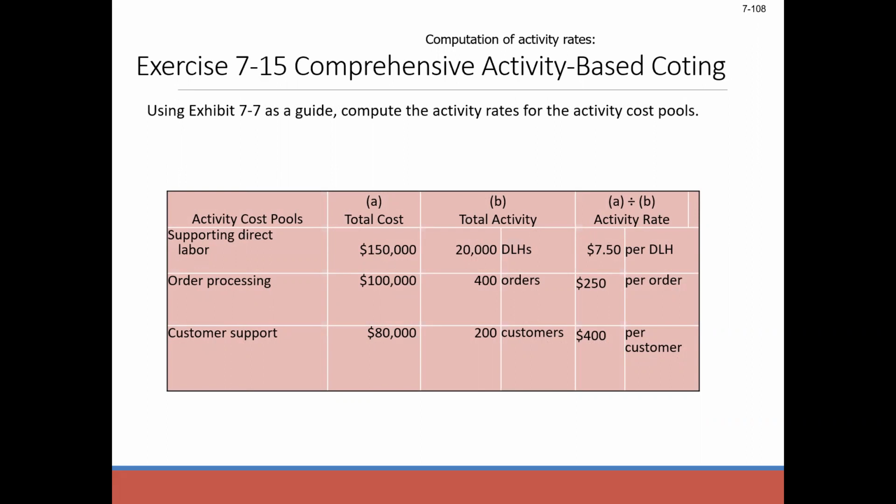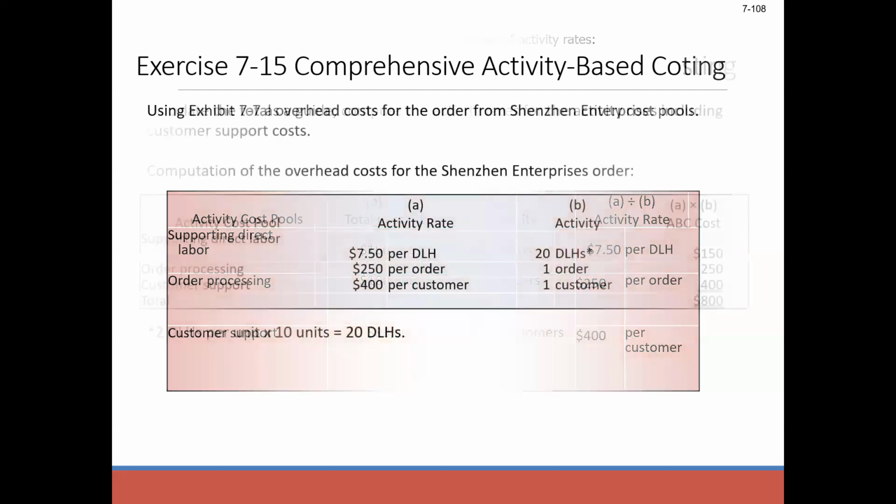So you see our support direct labor, 150,000 divided by our 20,000 hours gives us $7.50 per hour. Order processing is $250 per order. And customer support is $400 per customer.